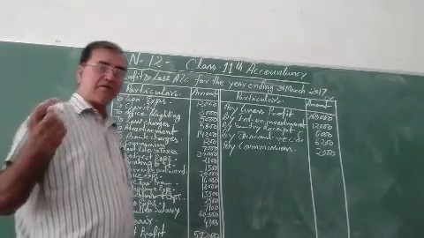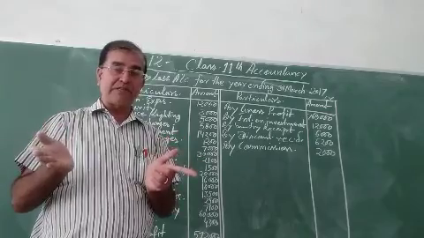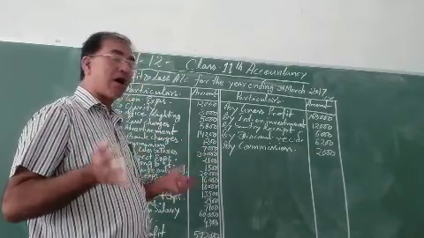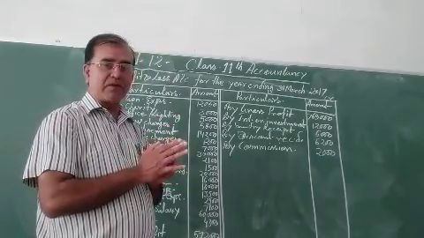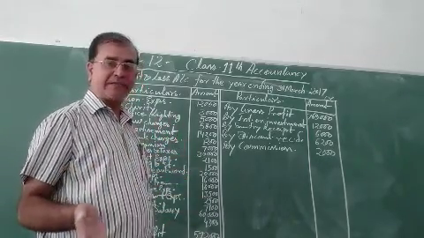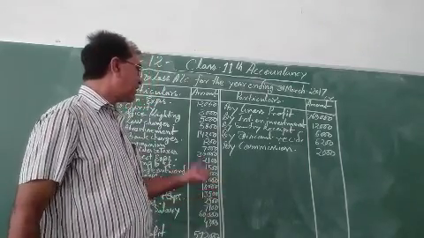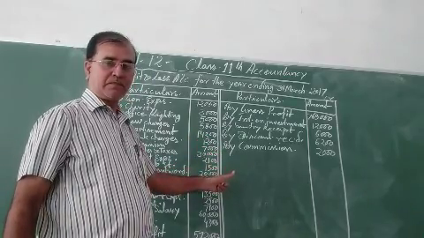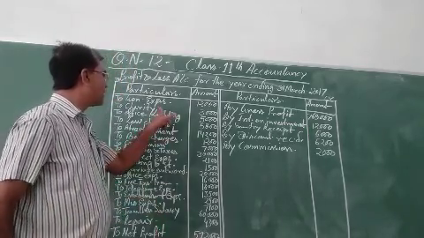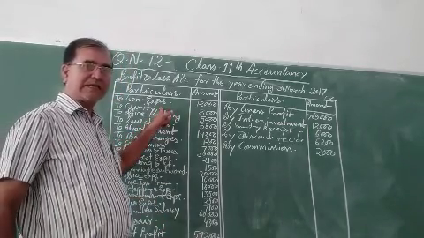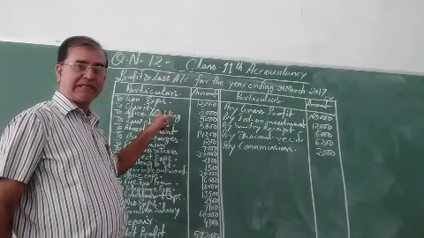Now dear children, I would like to tell you one more thing. Sometimes in the questions the operating profit is given. What do you mean by operating profit? Non-operating expenses or non-operating incomes are not taken into consideration; that will be the operating profit. Here, charity is one of the expenses that is not an operating expense of the business.